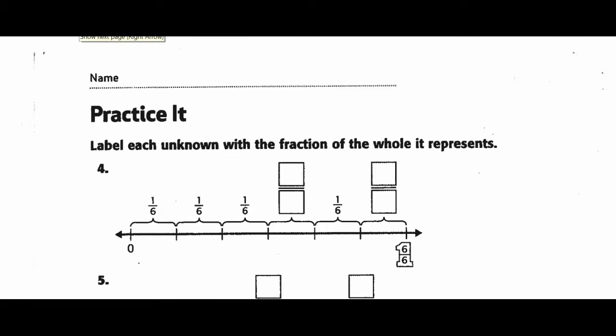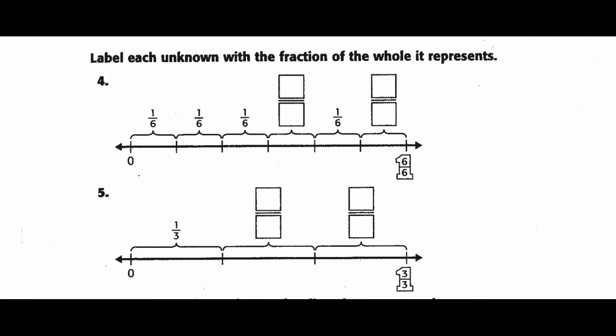And then on the other side, label each unknown fraction. Each one of these is 1/6. This is 1/6, and so is this. But the line right here is 1/6.